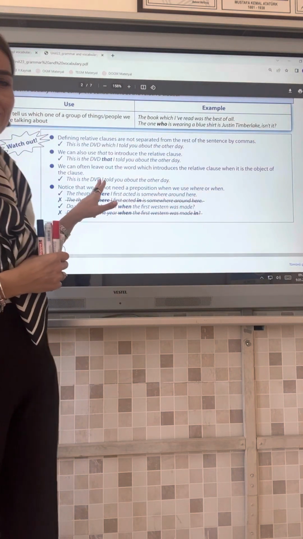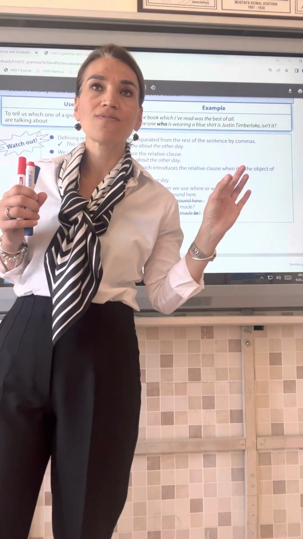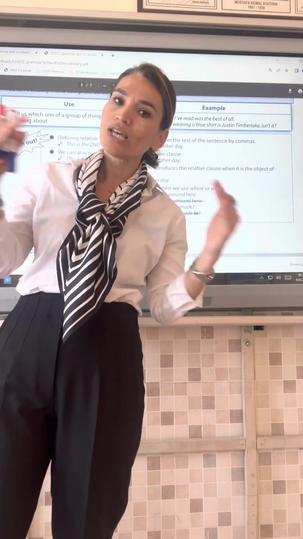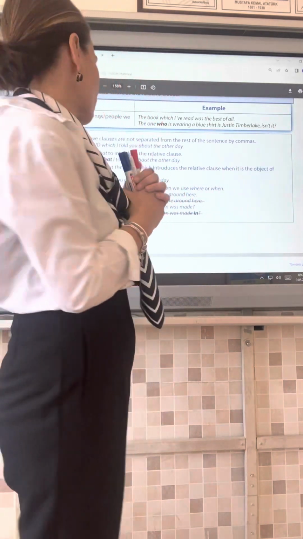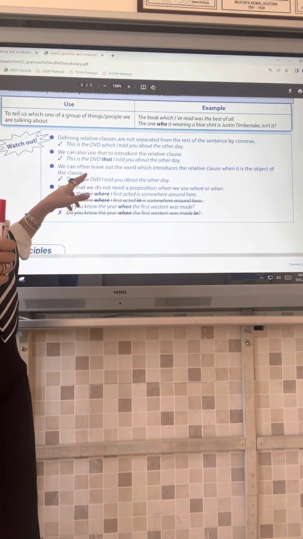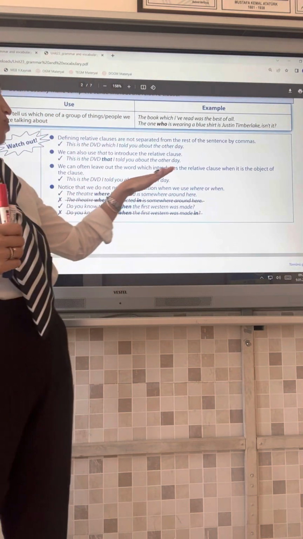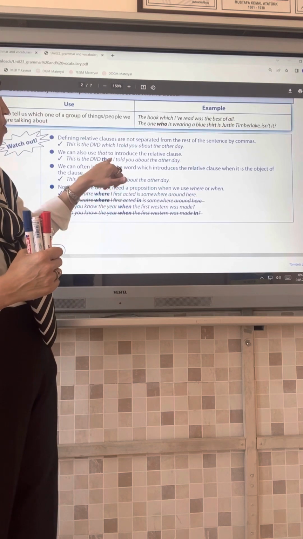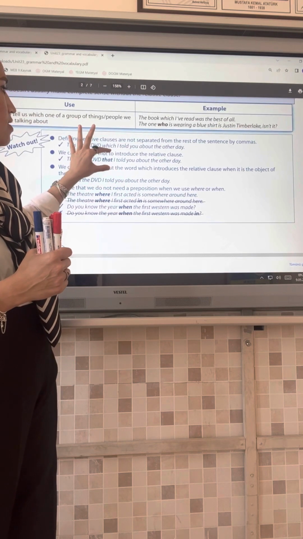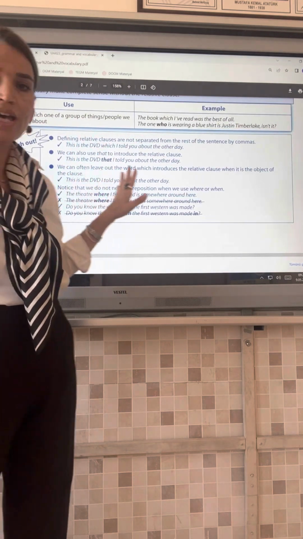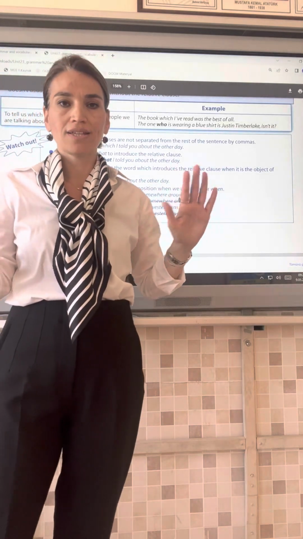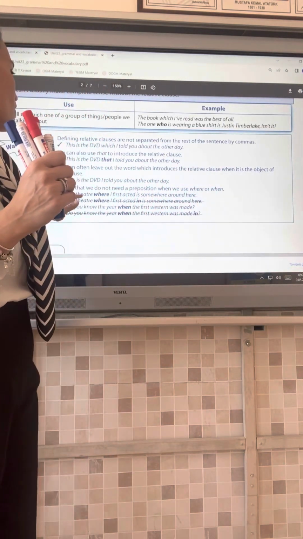So if your relative clause starts with a subject, you can omit the relative pronoun, like this. This is the DVD I told you about the other day. See, your relative clause here starts with I, so you don't have to use which or that in your relative clause.